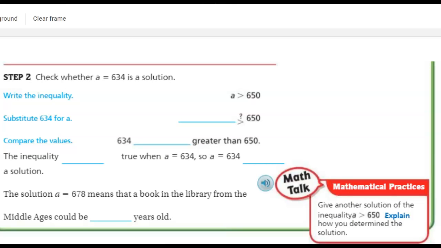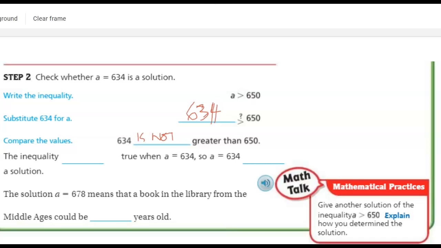Step 2, check whether A equals 634 is a solution. You substitute the 634 for the A. 634 is not greater, of course, than 650.